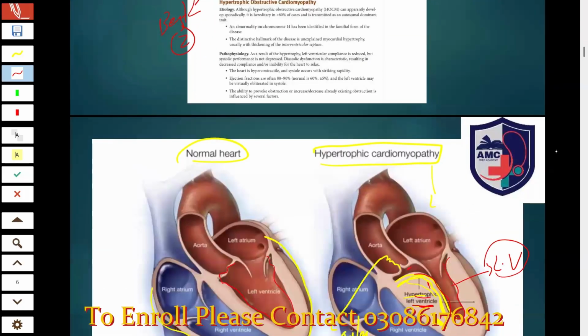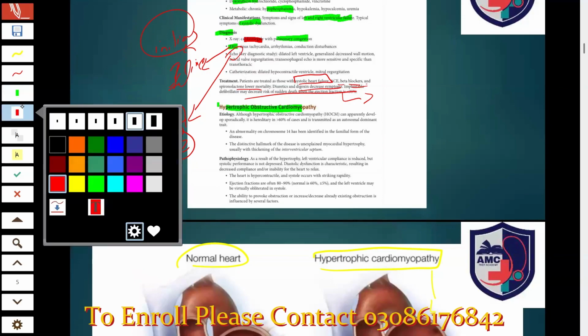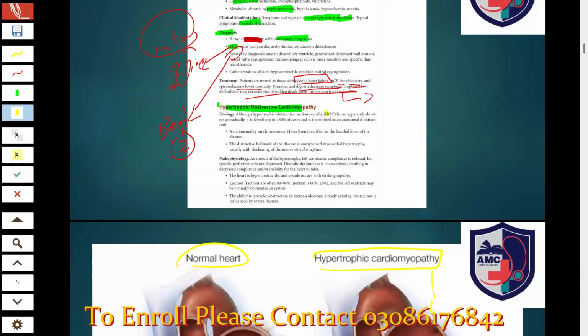Move to next. So hypertrophic, I am reading this concept. We already discussed hypertrophic obstructive cardiomyopathy, HOCM. One more important thing: this is autosomal dominant.